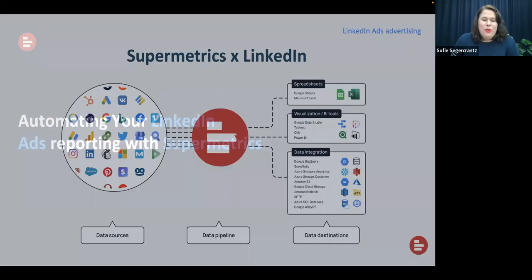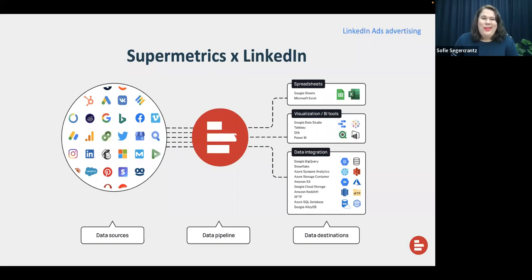So for those of you who are joining and haven't yet used Supermetrics, we're a company born out of the need to automate data transfers and getting data to where you want it from the platforms where you have it. So we're a data pipeline company, and these days we have over 100 data sources that we connect to, two of them being LinkedIn.